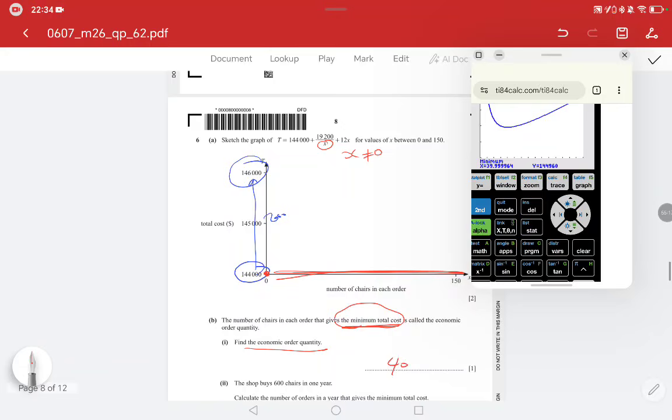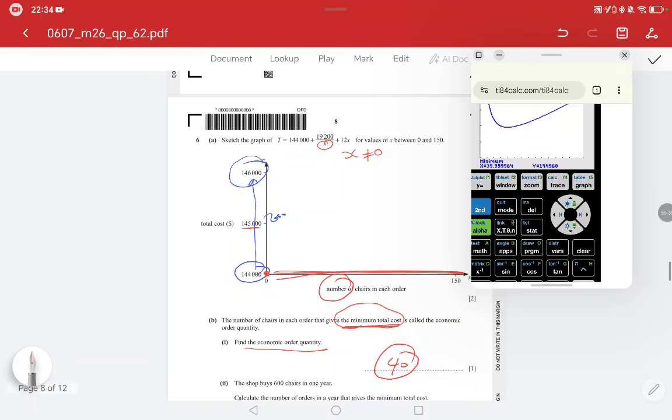Look here, the y value represents the minimum cost. If here is n, the number, which is 40, the minimum value here is 144,960.